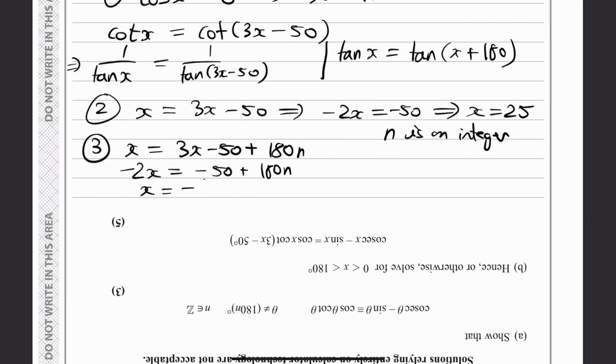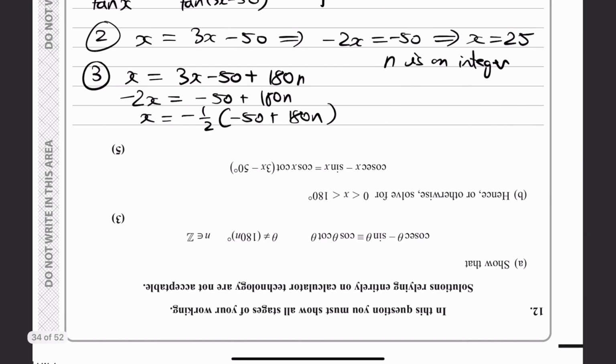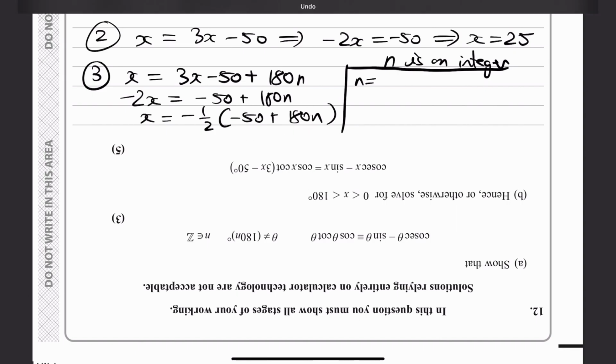So x is equal to minus 1/2 this. And depending on how many solutions, x is between 0 and 180. So let's say n is equal to 1. Okay, that's not going to work. We want n to be negative, because then this is going to be negative, so we're going to get a positive value.